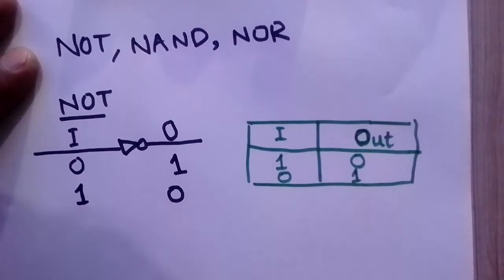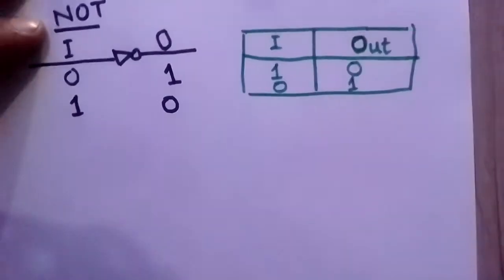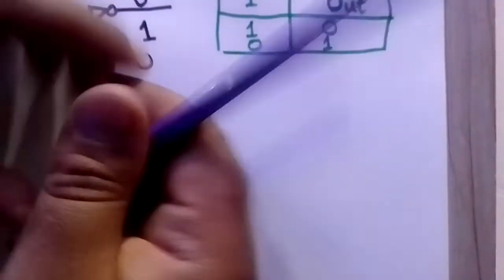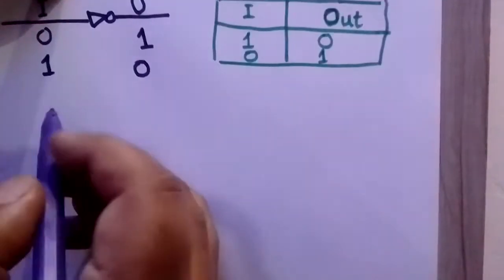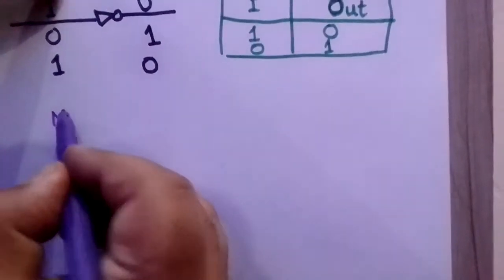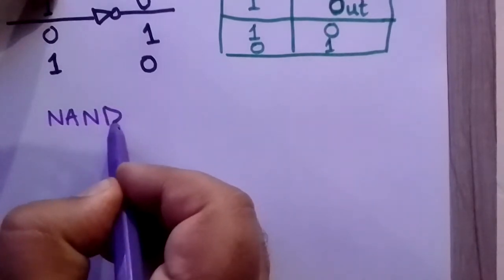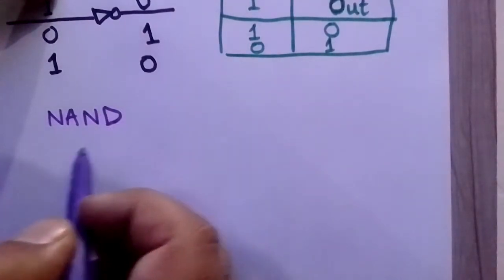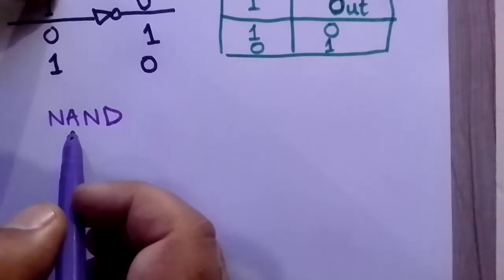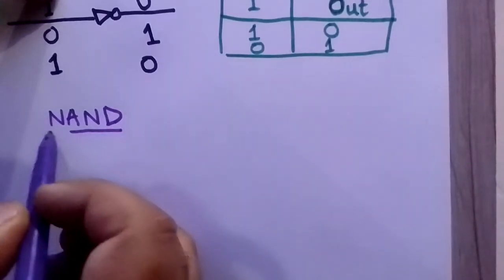Okay, next is digital NAND gate. So digital NAND gate is the combination of two gates, AND gate and NOT gate.